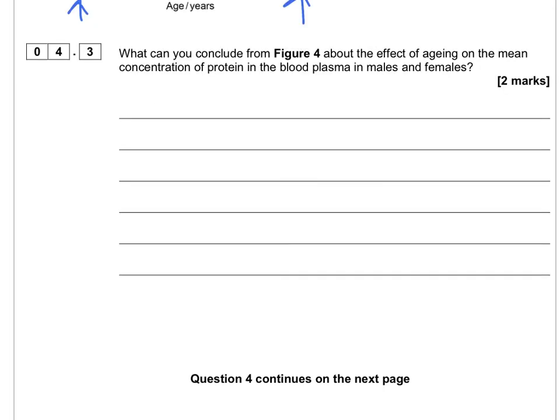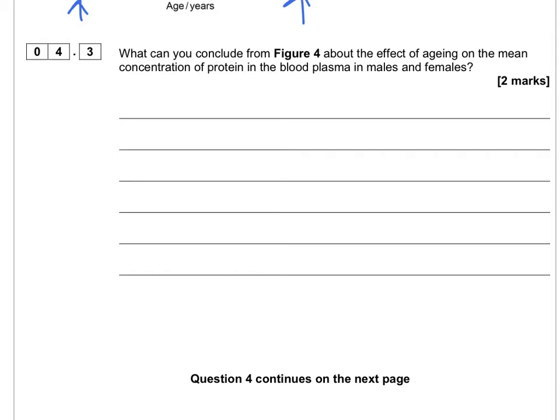Question 4.3, it says, what can you conclude about the effect of aging on the mean concentration of protein in the blood plasma in males and females? Now it's important to state that in the graph they do show you the standard deviation bars. You need to know that when they are not overlapping, they are significant. So that's a key thing.